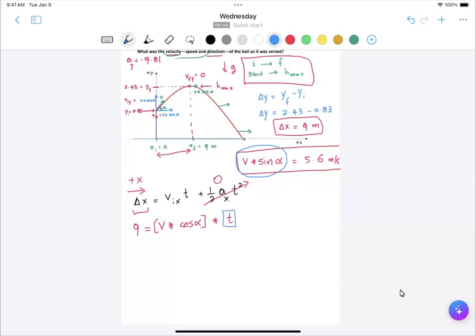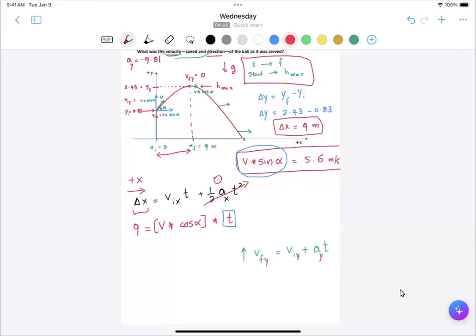In order to get the time, there's no way I can keep using the x direction. Instead, let's find the time up to the maximum height from the very beginning. Let's apply v final equals v initial plus acceleration times time, again in the y direction.